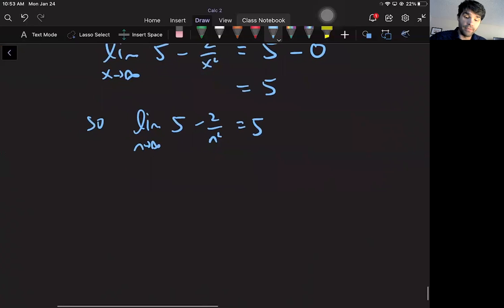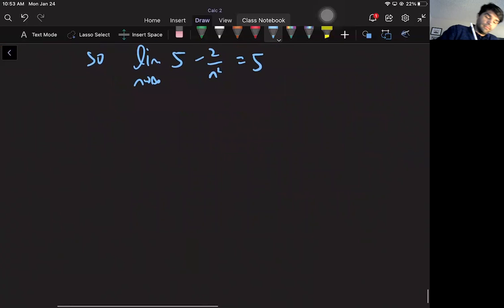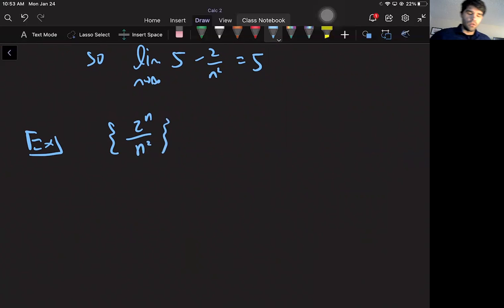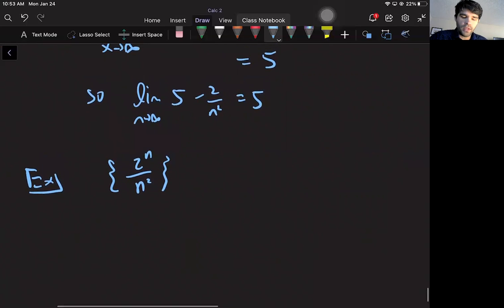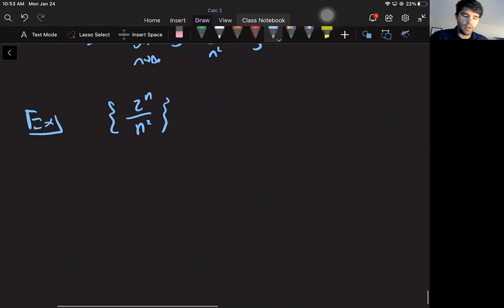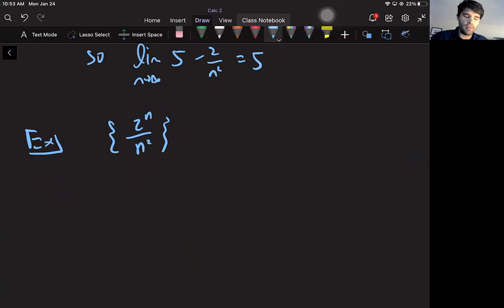Okay, so then another example where you can't really just use the rules I was talking about because you end up dividing by 0.